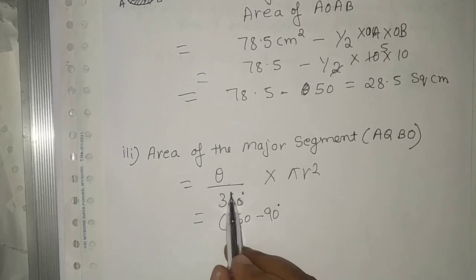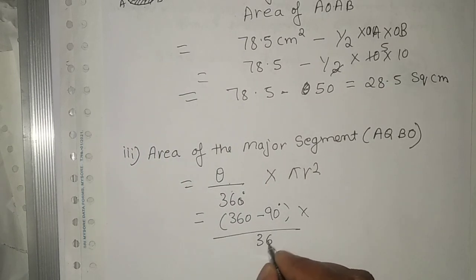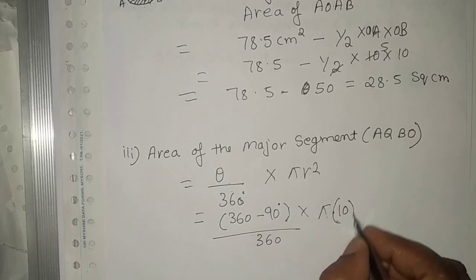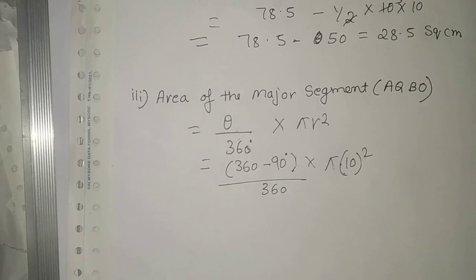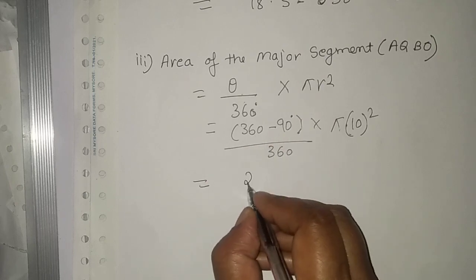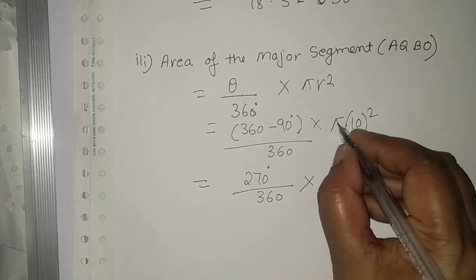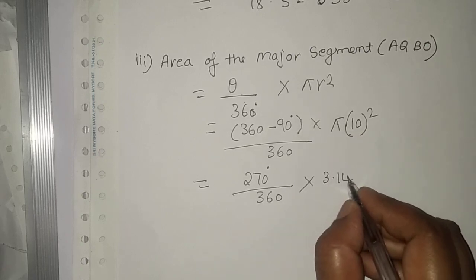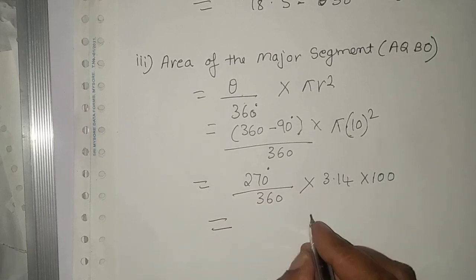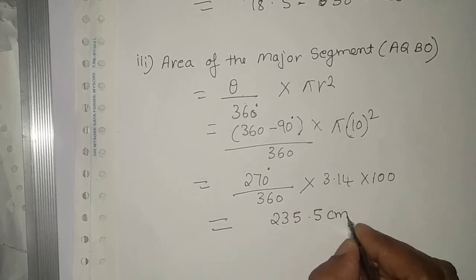So 360 minus 90 divided by 360 into pi into r, where r is 10 square. 360 minus 90 is 270 by 360 into 3.14 into 100, which is equal to 235.5 centimeters square.